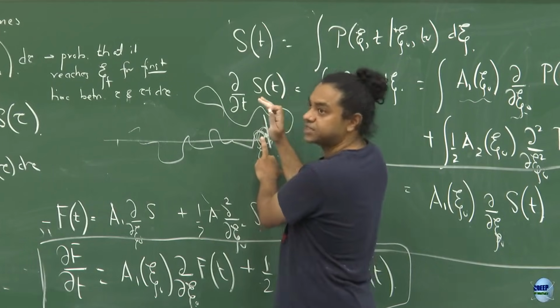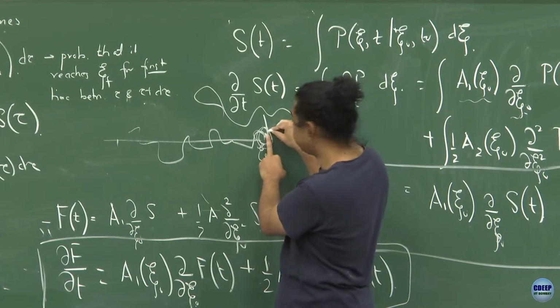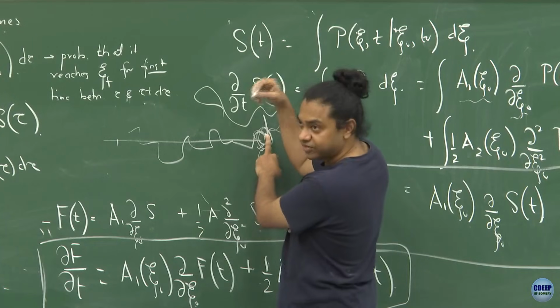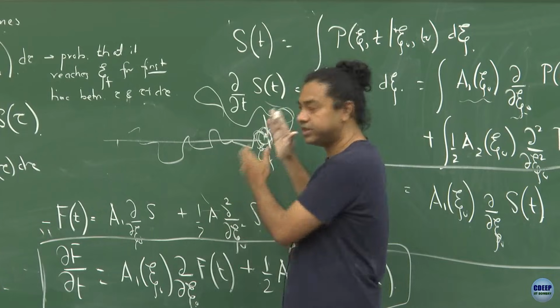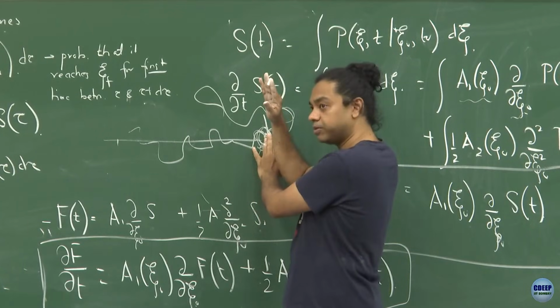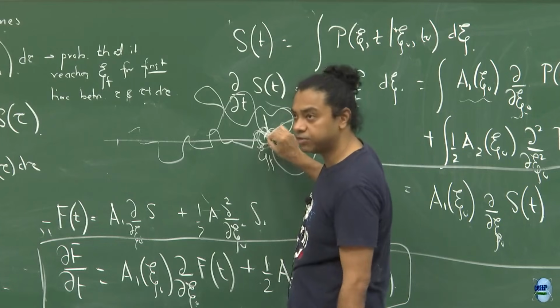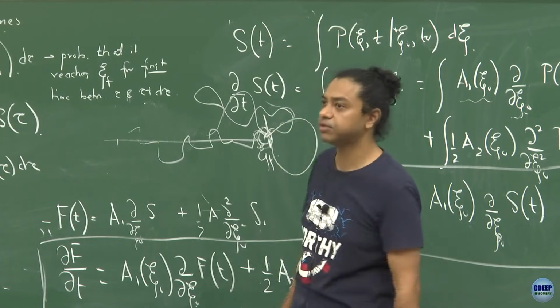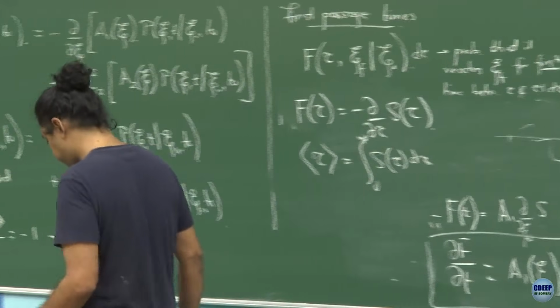Even though for all future trajectories I have technically changed the process, it does not matter to me. It is still the first passage time of the original problem, because no state has come here and then again come back here. I am not looking at paths like that, only the first time.